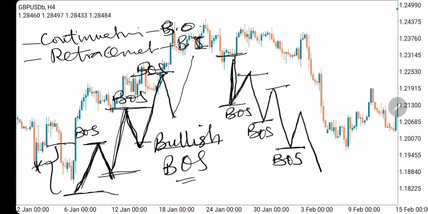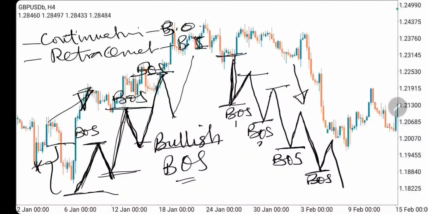The market creates a higher high and higher low in a bullish trend, but in the bearish trend, the market forms a lower high and lower low. Each time the market breaks the previous low, we have a bearish break of structure. Should the market retrace again and break this low, it is another break of structure, number 4.